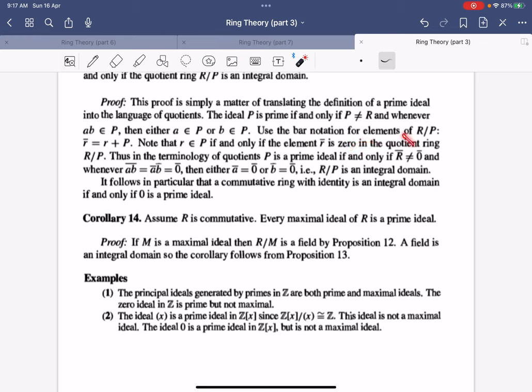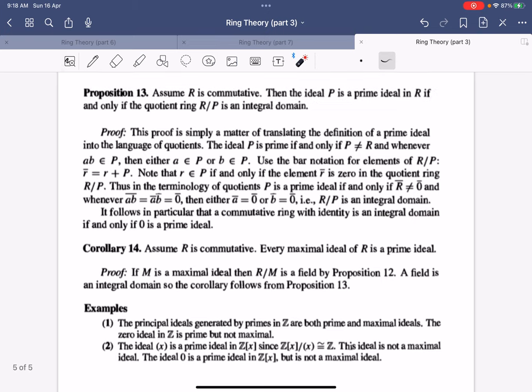And so in this sense, P is a prime ideal if and only if whenever the class of ab equals the class of a times the class of b, then either the class of a is 0 or the class of b is 0. And this is saying that R/P must be an integral domain. So you can see how it is really based on definition only.